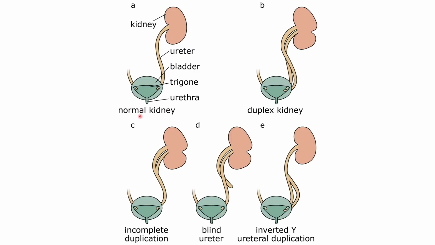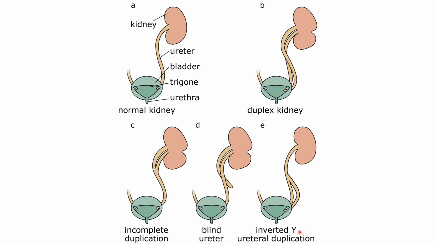You may also find a normal kidney, which is all that we expect. Then you can have the duplex kidney, like a bi-loop. You have an incomplete duplication, a blind ureter, one that is ending blindly.